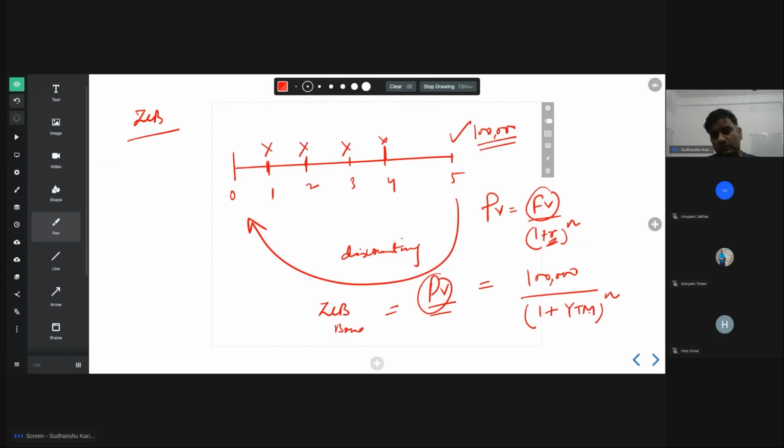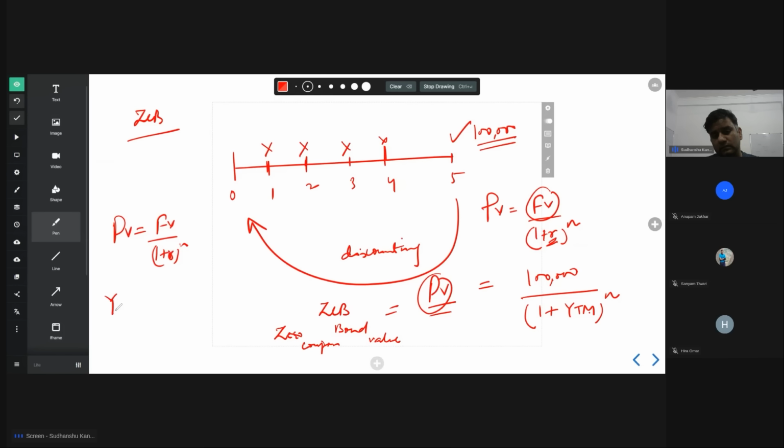So basically, when I do PV is equal to FV divided by (1 plus r) raised to power n, the r, please understand, the definition of YTM is this.